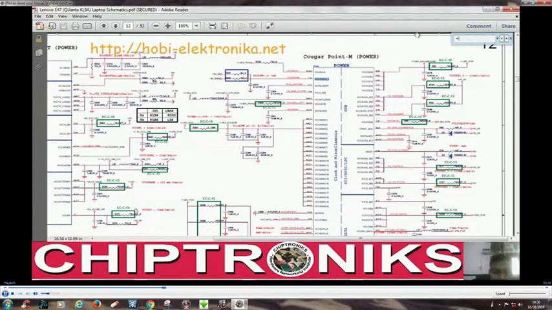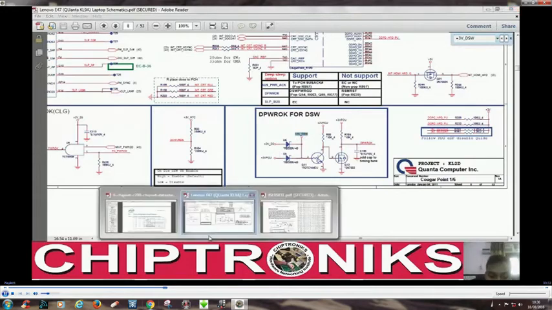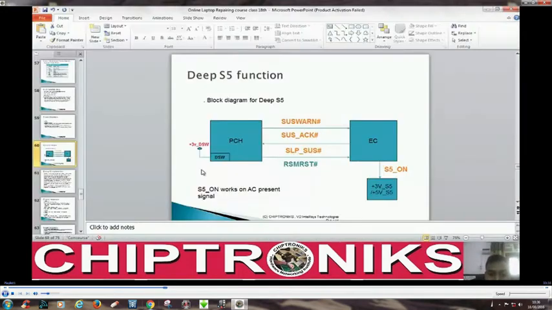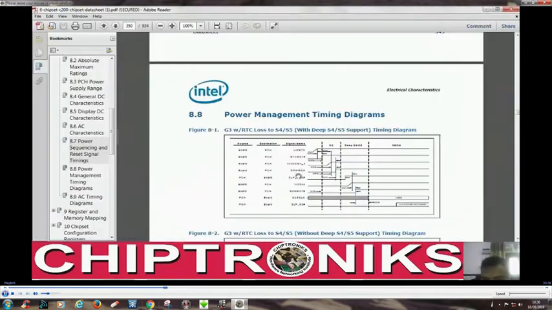Now we will check where this +3V_DSW is coming from. +3V_DSW is coming from +3V_PCU, and this has already been generated, right? So the power has already come to the deep sleep well. Now in the schematic diagram we will see deep power, okay. Now the board will give a signal to the deep sleep well of the PCH that power to the deep sleep well is okay. The power is already there, right?